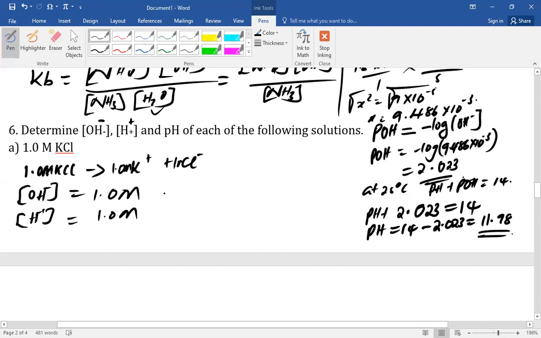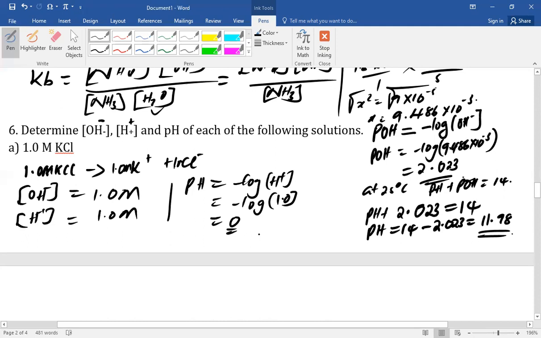Then the pH of this is going to be the negative log of the hydrogen ion concentration, which is the negative log of 1.0, and the log of 1 is 0. So this has a pH of 0.